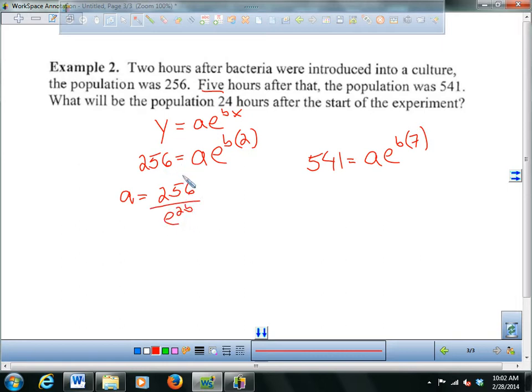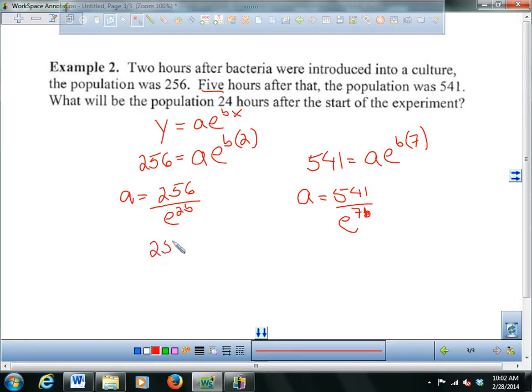If I solve this equation for A, and over here I get A equals 541 over e to the 7b, right? And then since A has to be equal to A, which is probably your starting value, that's 7b. I set these two things equal to each other and solve for b.